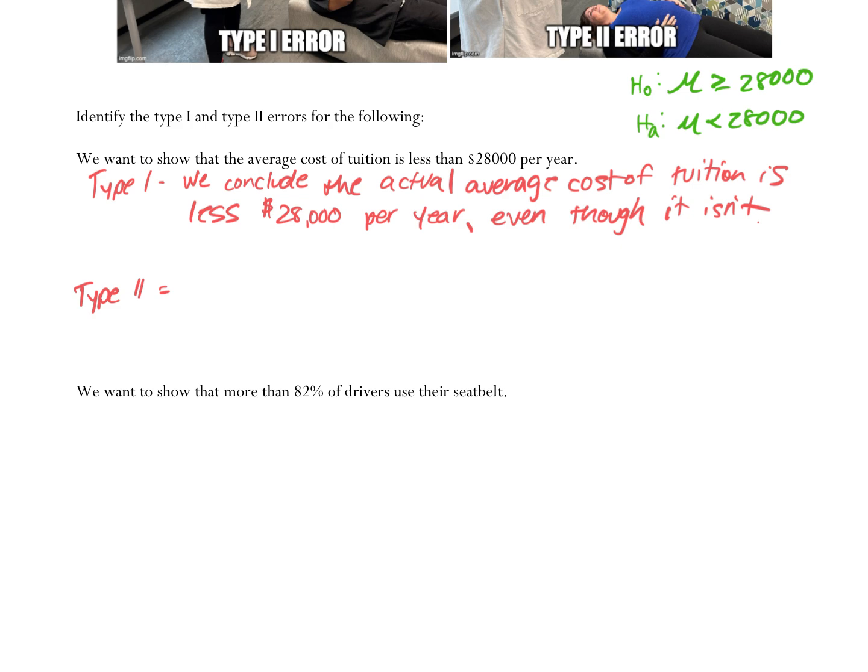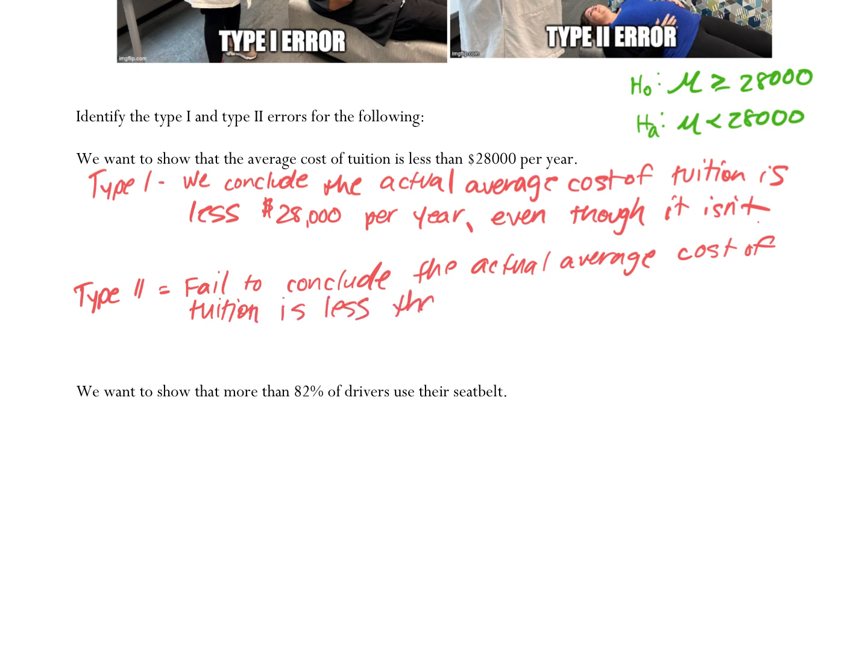So instead, we're going to fail to conclude the actual average cost is less than 28,000, even though it is.